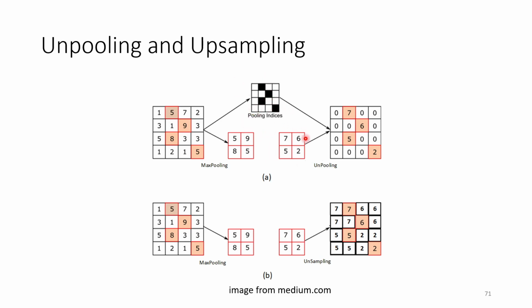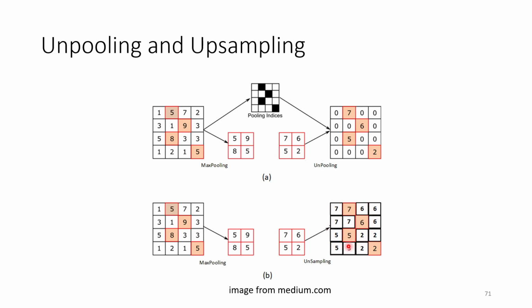Then when you have a set of new values, you use the information and restore the values to their positions. So this is unpooling. There is another term called upsampling. Upsampling is similar: if you get these values from the previous layer using maximum pooling, upsampling means restoring the value to every pixel of the restored image.